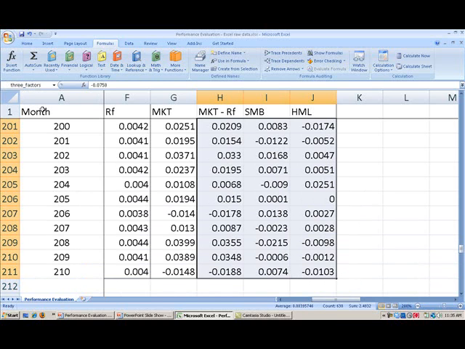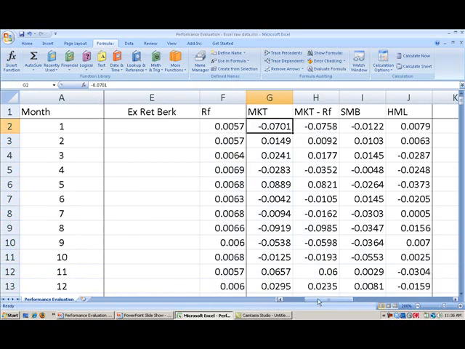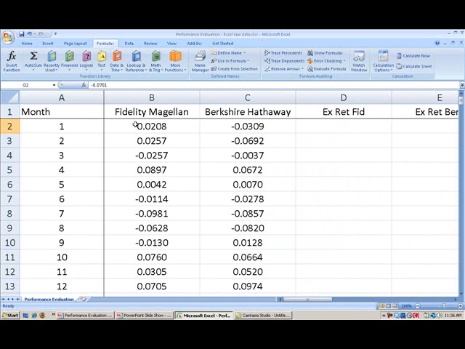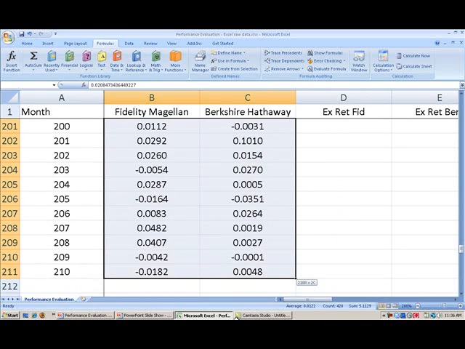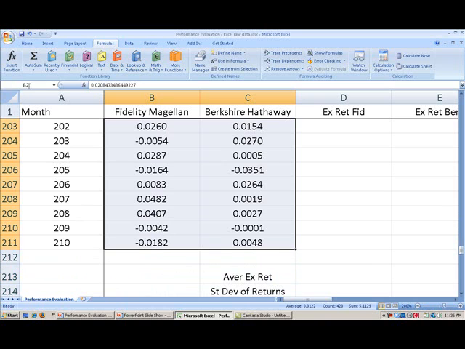Hit enter. Finally, we can also name the range which contains the raw returns for Fidelity and Berkshire. Let's name that range raw_ret. Hit enter.